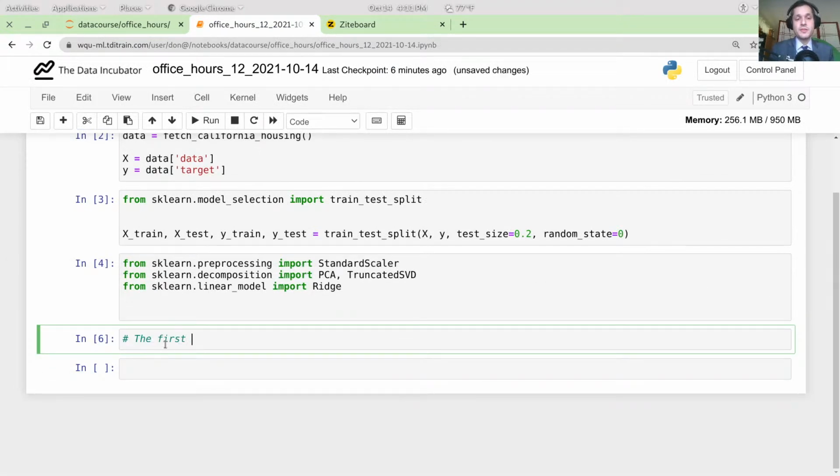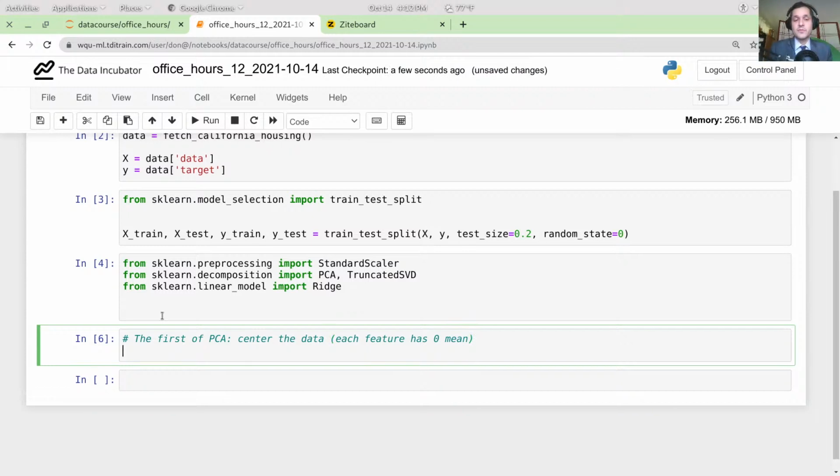So the first step of PCA, center the data. So each feature has zero mean. That's what it means to center the data. Put it in the center. Each feature has zero mean.